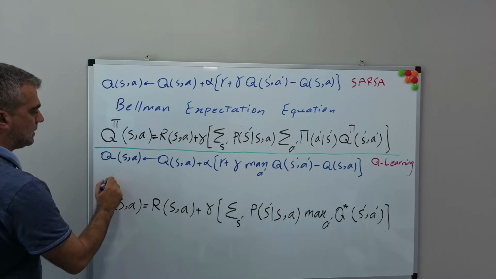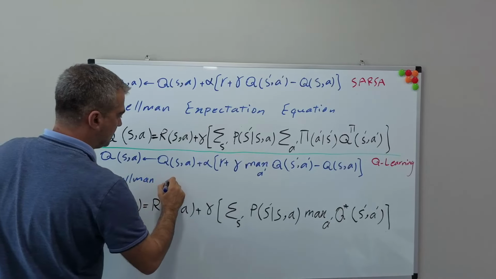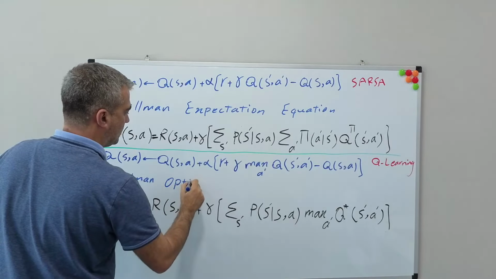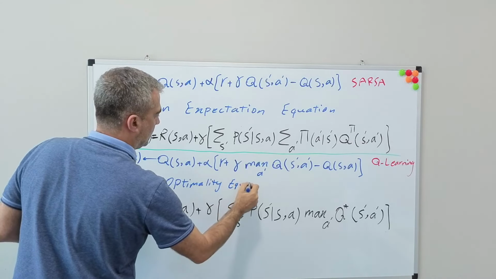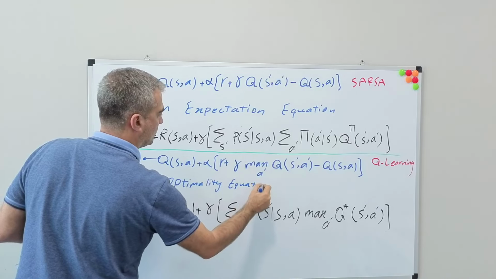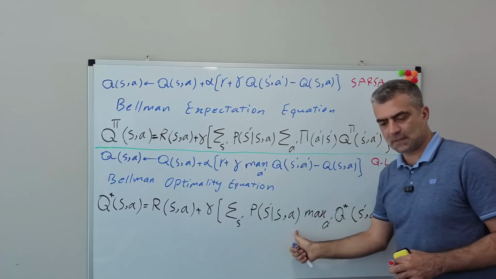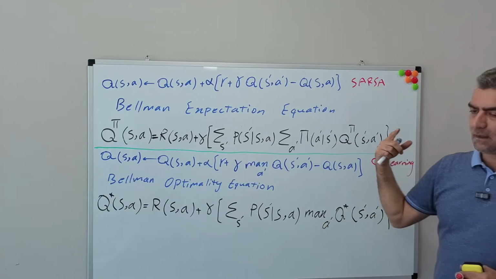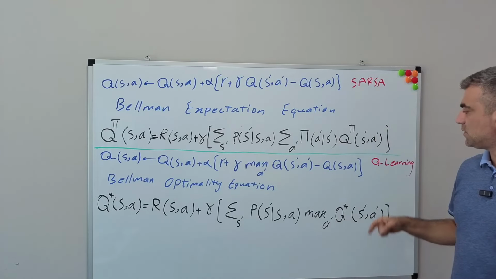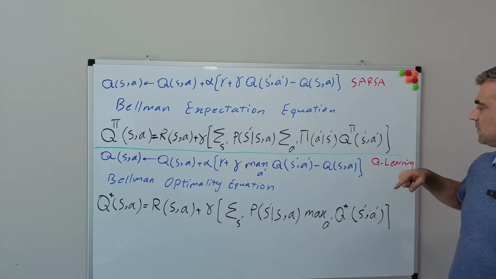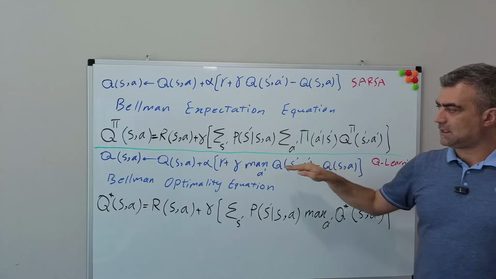One of them is called Bellman optimality equation. Optimality comes from the max, expectation comes from the policy. Now you have two equations from where the SARSA and Q-learning come.